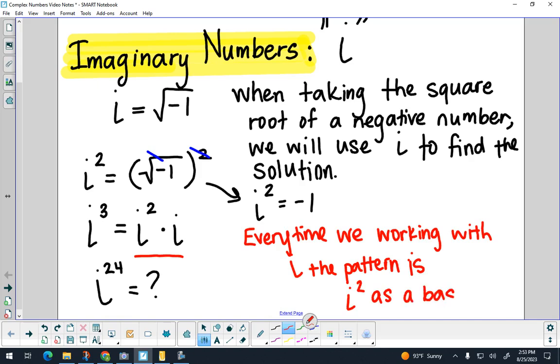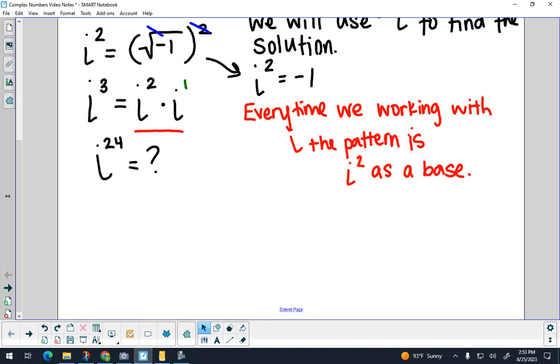What does that mean? It means that every time we're trying to figure out a higher degree of i, in this case i to the third power, we're going to use i squared. So in this case it will be i squared times i, with this i having an exponent of 1. Because remember, when we multiply, going back to our law of powers, 2 plus 1 is going to be 3. So every time we're working with i, the pattern is i squared as its base.